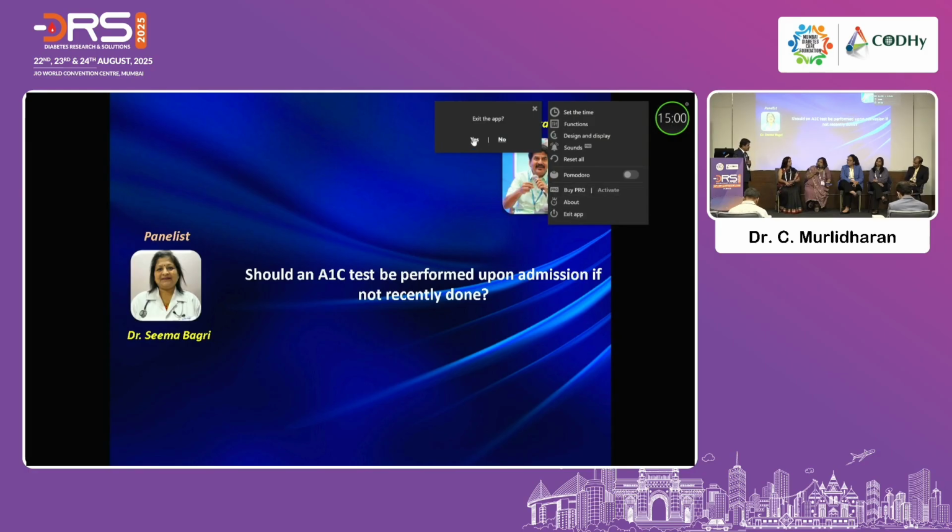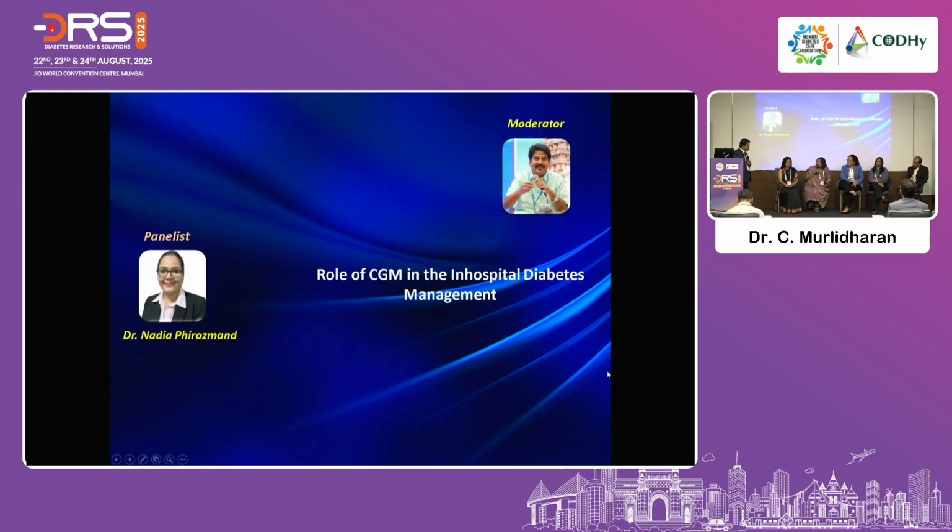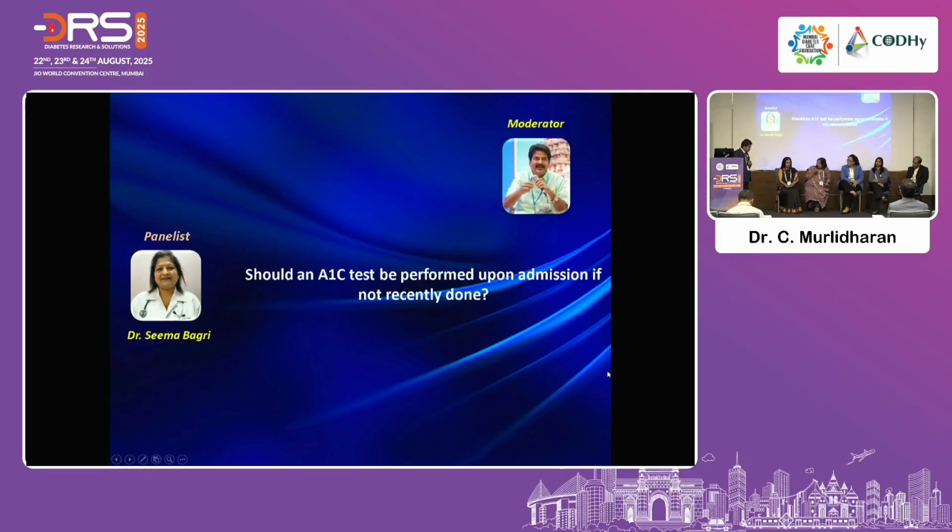The second category of patients would be those who show more than 140 blood sugar on admission. And the third category, those patients who have comorbidity or risk factors like metabolic syndrome, obesity, and who come with an acute illness. So in all those patients, we must do HbA1c.